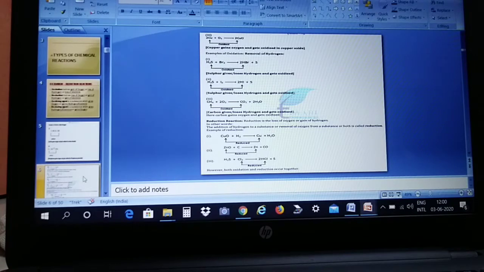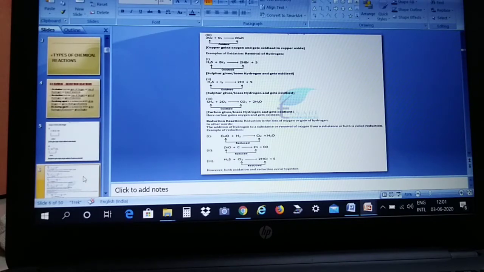Next we will see reduction reactions. Reduction is a loss of oxygen or gain of hydrogen, as you know from the definition. So the addition of hydrogen to a substance or removal of oxygen from a substance, both are called reduction reactions. An example of a reduction reaction: copper oxide plus hydrogen.